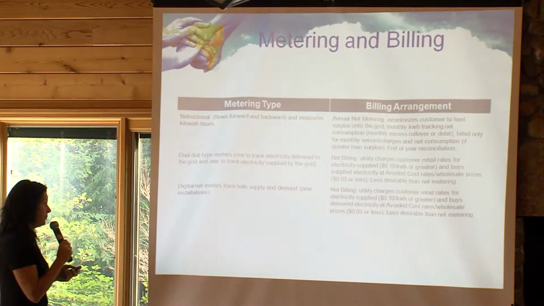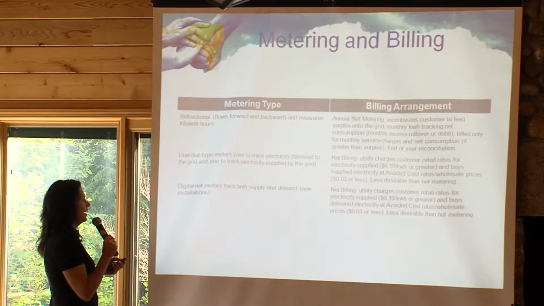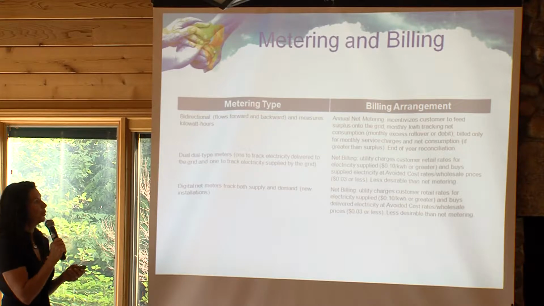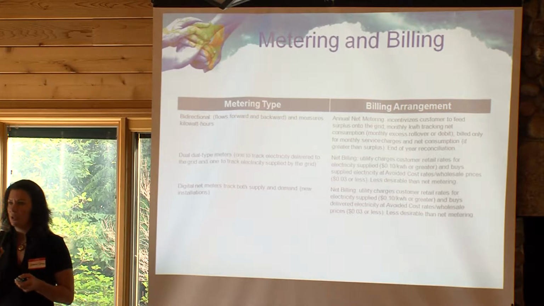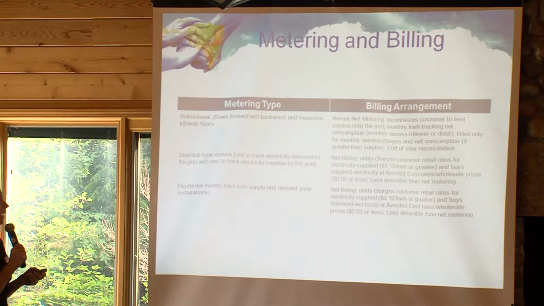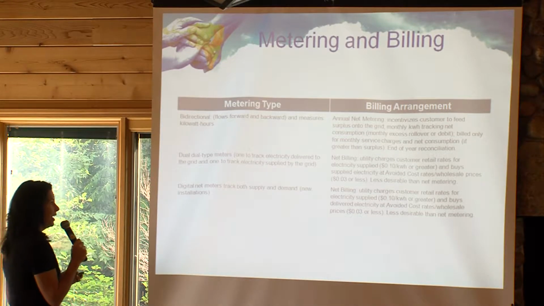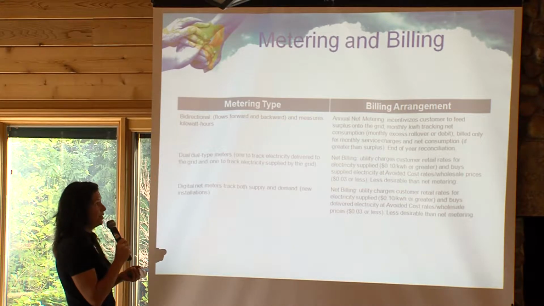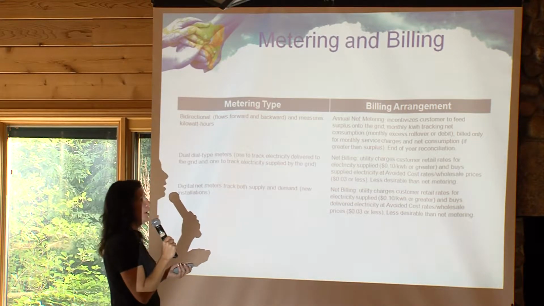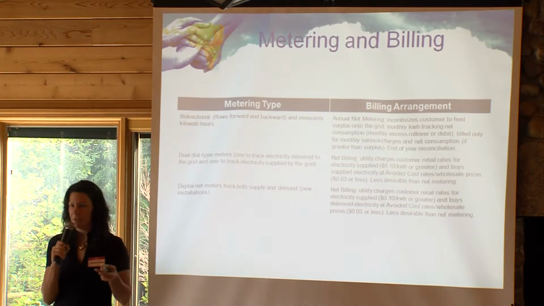There are also digital net meters which track both supply and demand. These are more of the newer installations. And depending on your utility, you'll make arrangements for your billing that will either be annual net metering or net billing. In a net metering situation, this incentivizes the customer to feed your surplus back onto the grid.